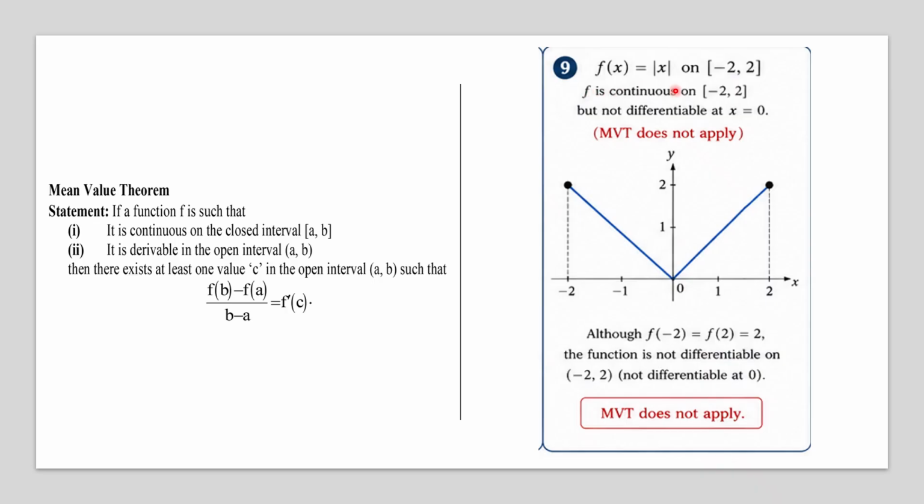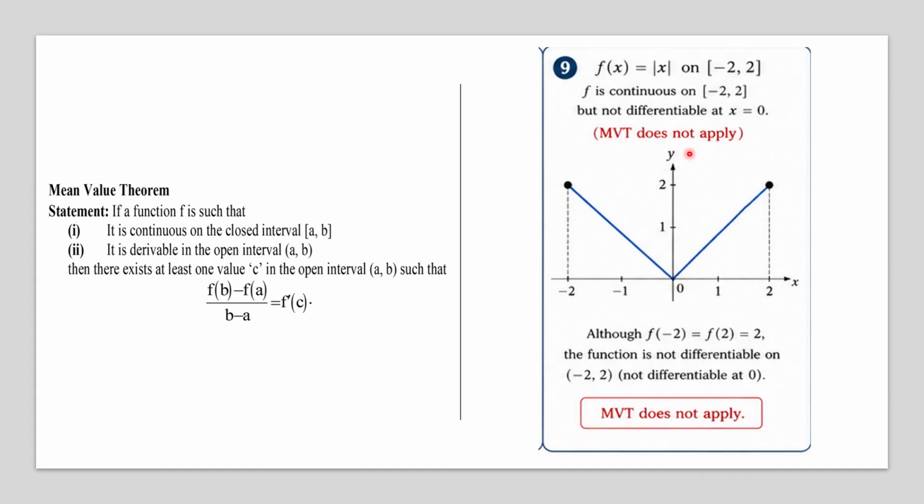f of x is equal to mod x on the interval minus 2 to 2. You can see this is continuous but not differentiable at x equal to 0. It's not smooth. We cannot draw a tangent line or find the slope of a tangent line.